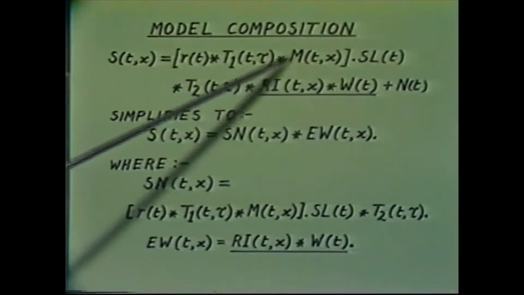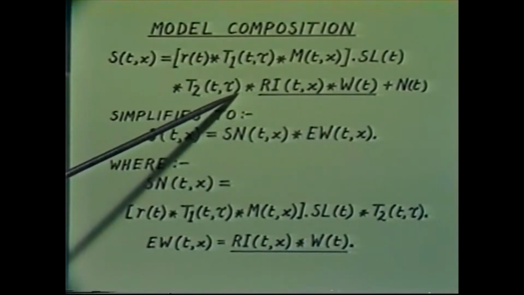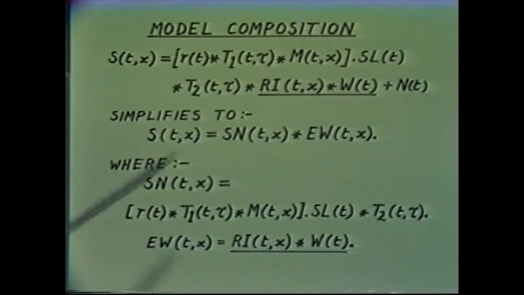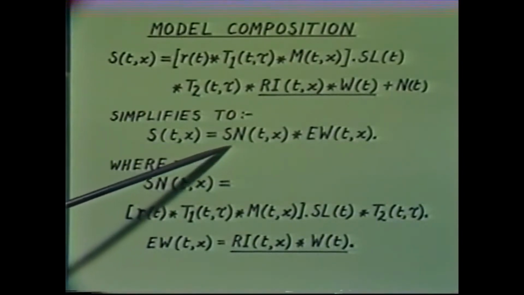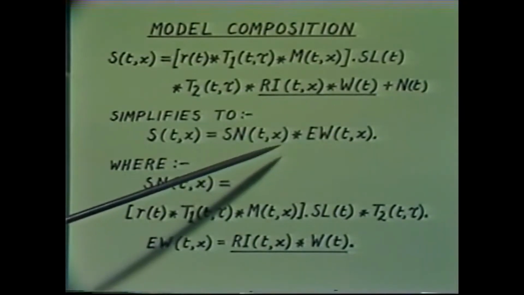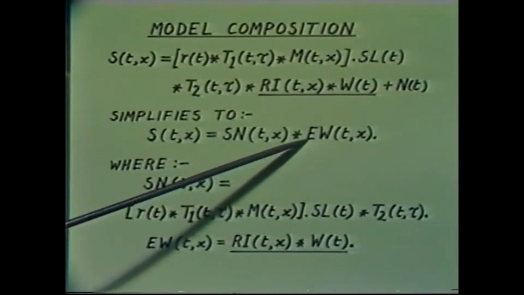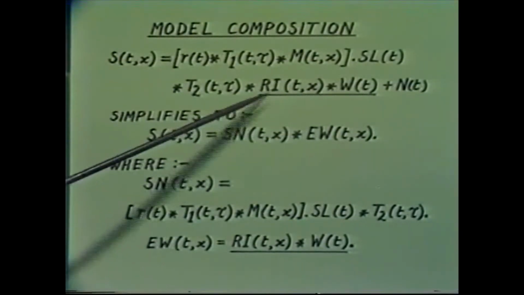Those will be the terms up to here, and then the ones which designature is designed to correct. So we can shorten the model equation down to this, just saying that the seismic record, that would be the field record which we're going to apply designature to, is equal to the convolution of a record which I've called Sn, convolved with the effective wavelet, that is the convolution of those 2 terms.